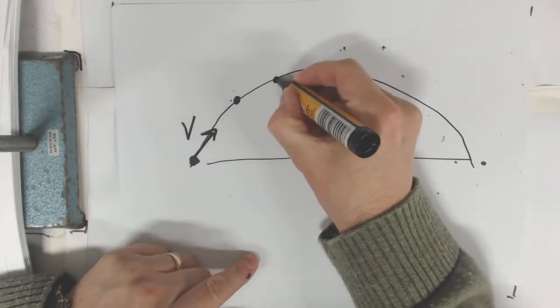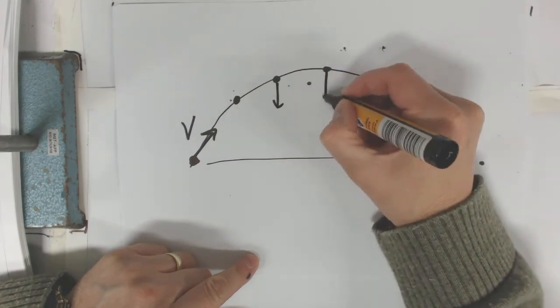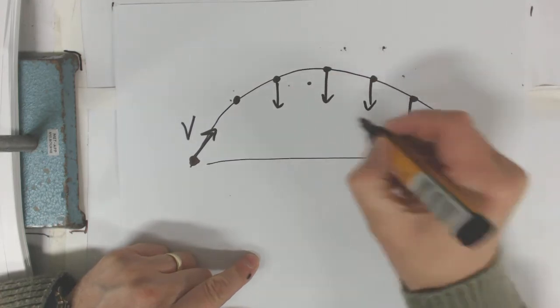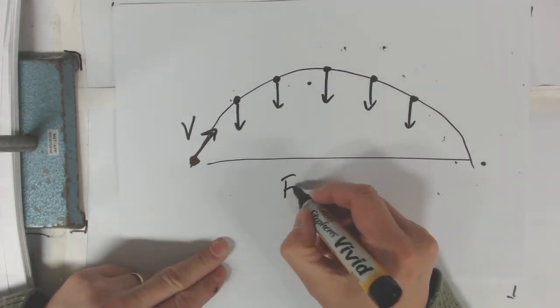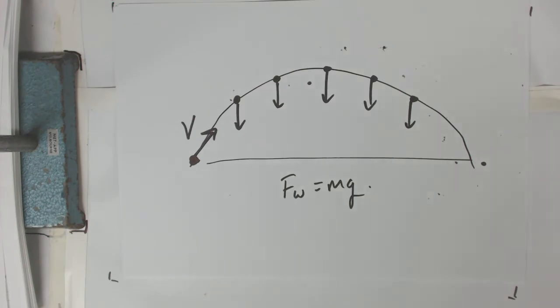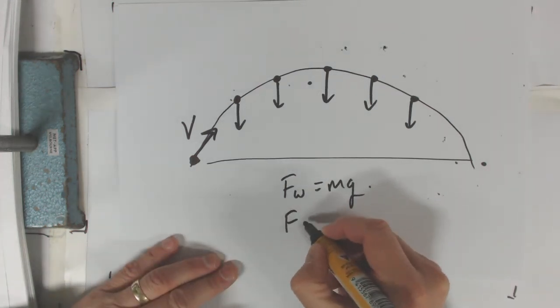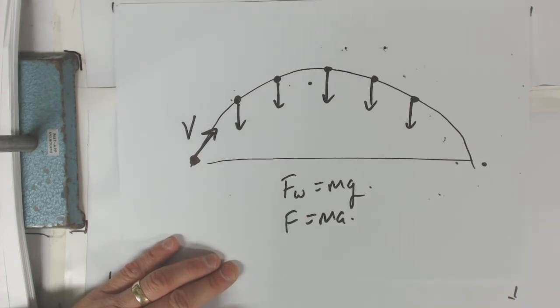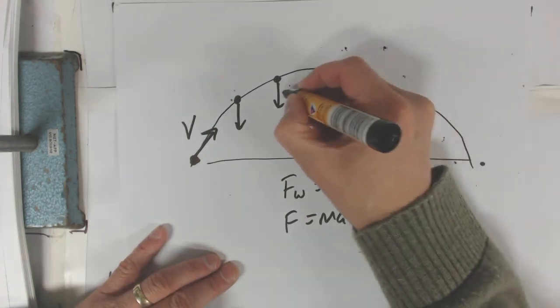So here, here, here, here, here, gravity, gravity, gravity, all the same. Gravity is the force, the weight force. That's the force acting on the ball. It's constant. Gravity doesn't change, the mass doesn't change. So the acceleration doesn't change. The acceleration is constant the whole time.